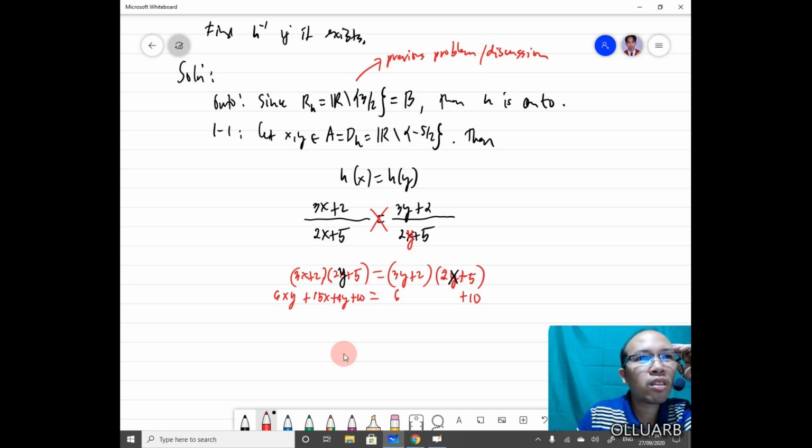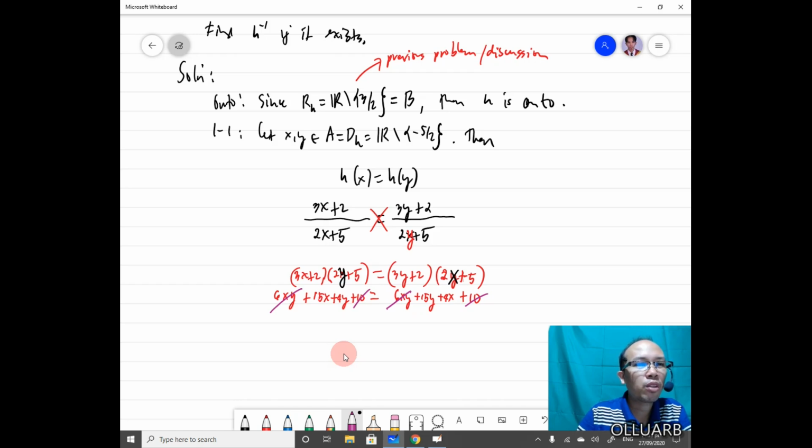This one is 6xy, and then 15y, and then 4x. So here we have 6xy, 6xy minus 6xy is 0, and here 10 minus 10 is 0 also.